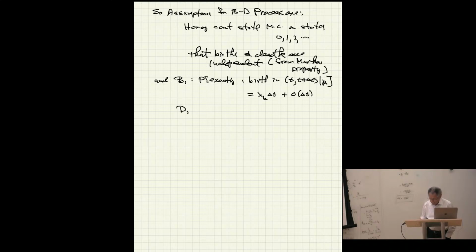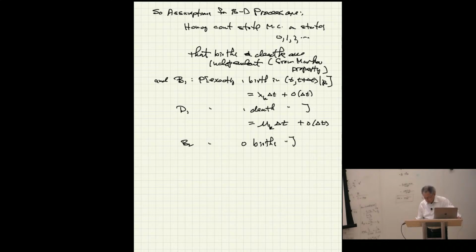D1, same thing, probability of exactly one death, given the same thing, is equal to mu sub k delta t plus little o of delta t. B2 says that the probability of 0 births, etc., given k, is equal to 1 minus lambda sub k delta t plus little o of delta t.